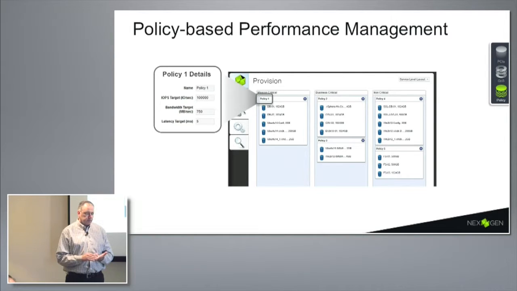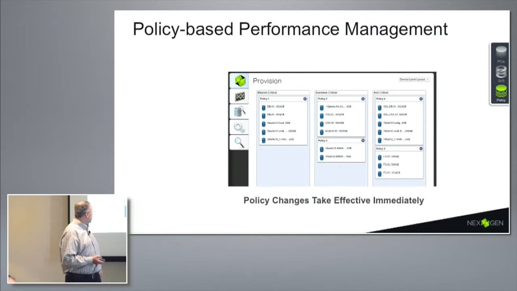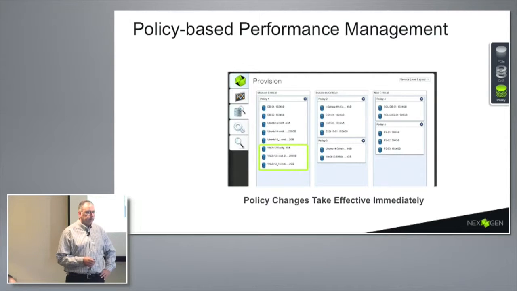What's exposed to the end user is minimum targets for IOPS and throughput, and a maximum target for latency. A customer can, on the fly, move virtual volumes or LUNs from one policy to the other, and the system then adjusts to meet those new QoS metrics or targets.